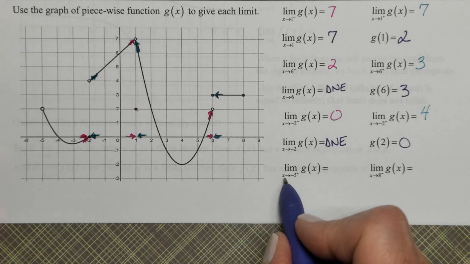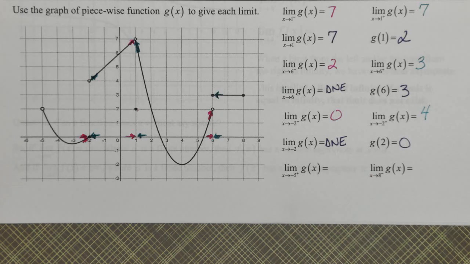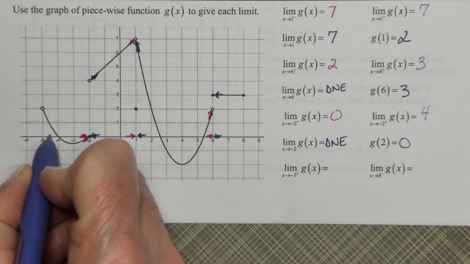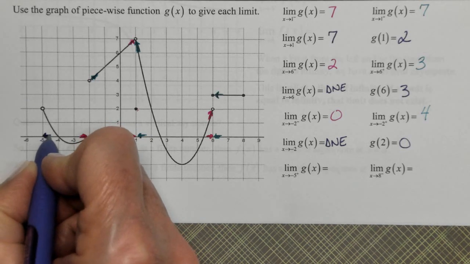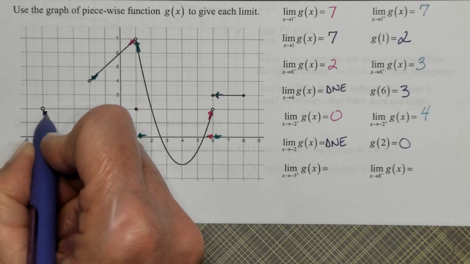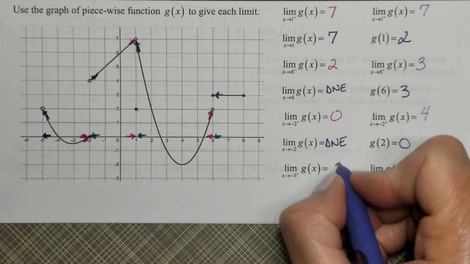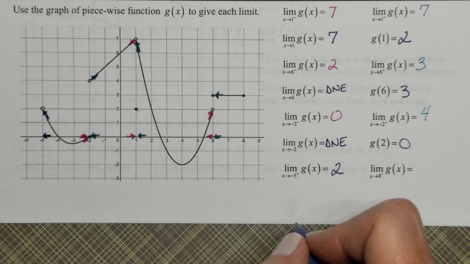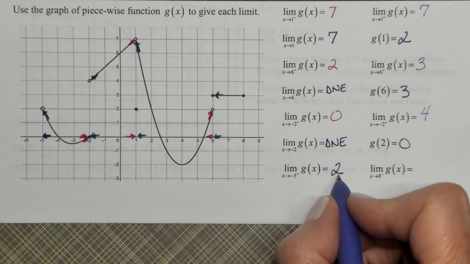All right. As x approaches -5 from the positive side, well, let's go find -5. -5 from the positive side would be right here. The function is up here. It thinks it's going to go to 2. So as x approaches -5 from the right, g of x is 2.